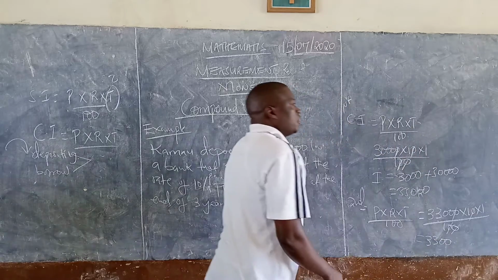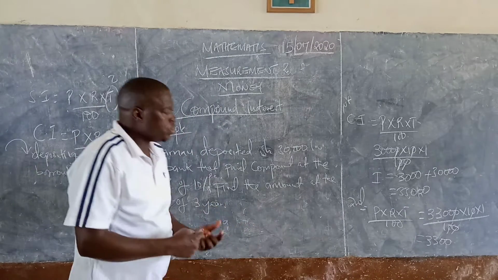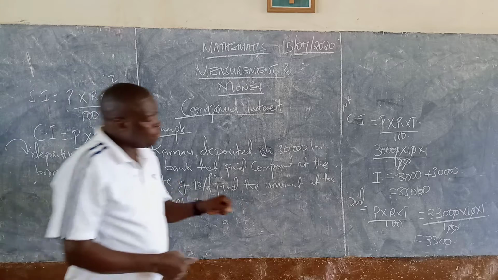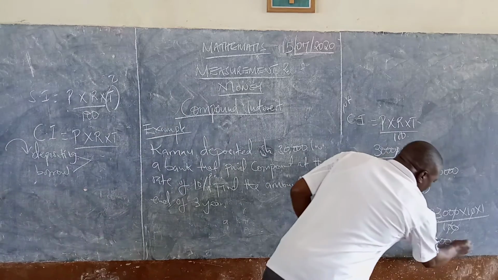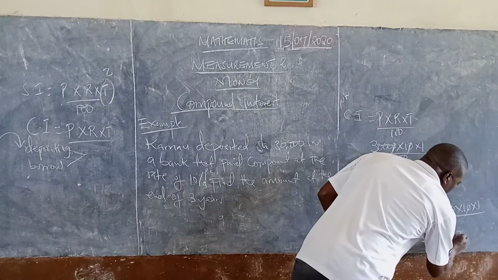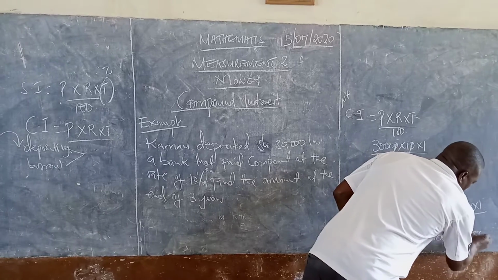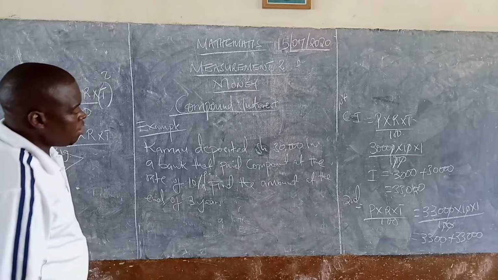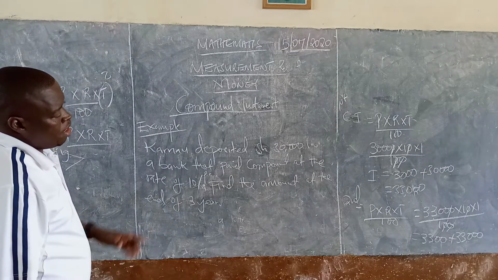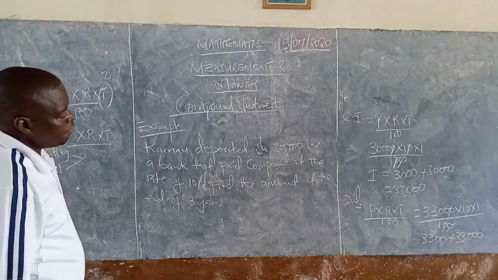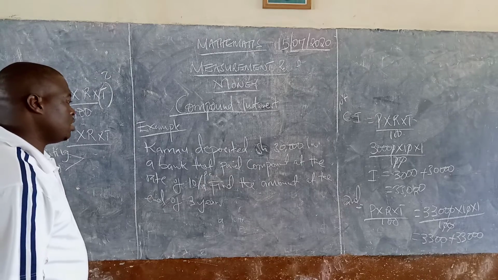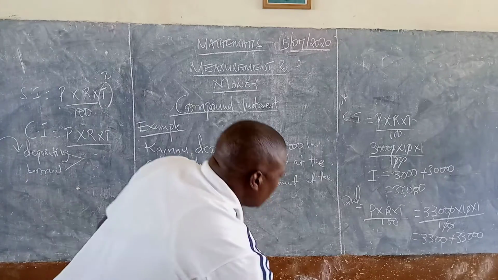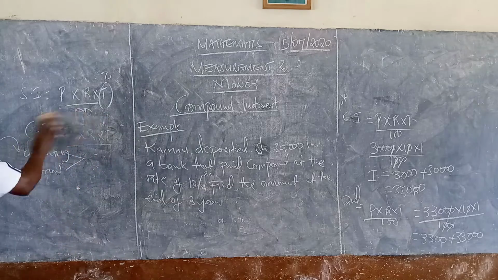We go back again and add it to the principal at the beginning of the second year, which was 33,000. So we have 33,000 plus 3,300, which is 36,300. So we are now going to the third year.